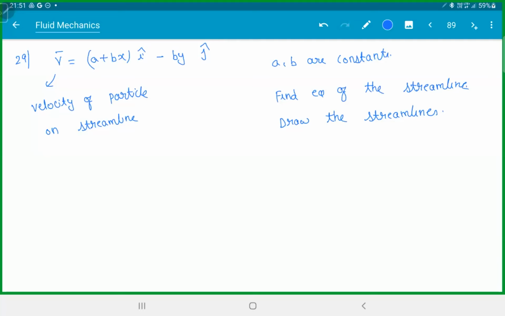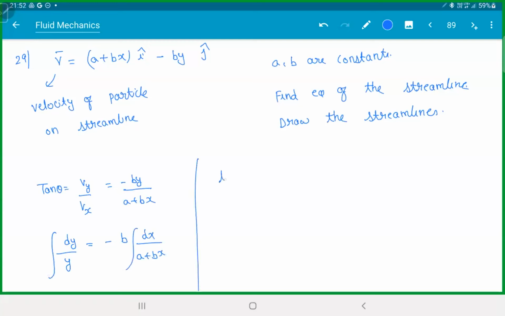Any answers? See, tan theta is vy by vx, which is minus by by a plus bx. So dy by y is minus b dx by a plus bx.